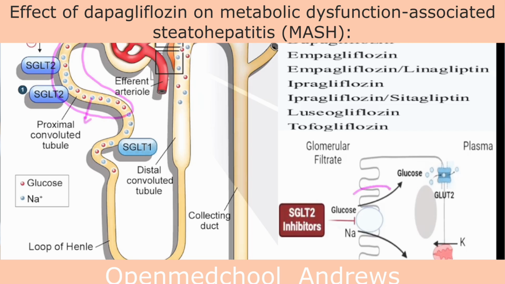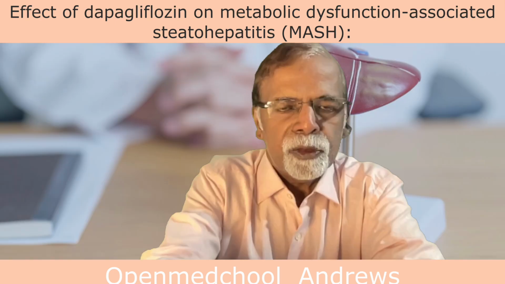Here you can see the cotransporter that produces reabsorption of the glucose, so that the glucose will not appear in the urine. When you block SGLT2, the glucose will be excreted via the urine. That is the mechanism. The common drugs are canagliflozin, dapagliflozin, and empagliflozin.